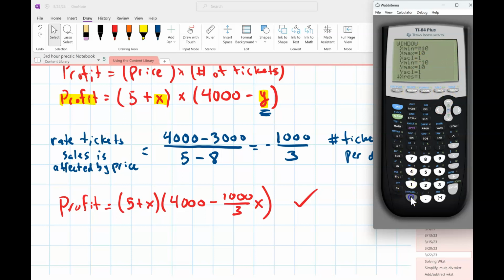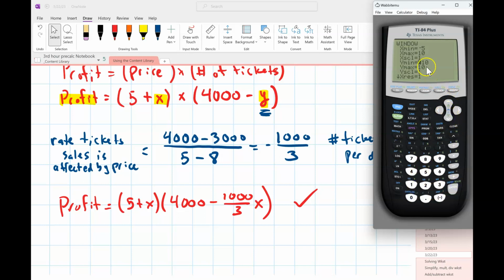My window, well, we're talking about x is like an increase from $5, right? So maybe we should have that go from like -5, that would be charging $0 for a ticket, up to, I don't know, 5 or 10 or something. $10 per ticket probably is pretty absurd. We'll make it $15 a ticket.